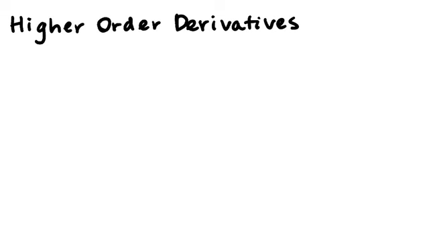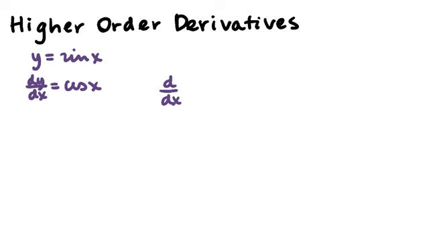Okay. So if we say that y equals sine x, last time we said that we take the derivative, we say that dy dx, the first derivative, is cosine x. Now, if I wanted to take the derivative of the derivative, well, that would be taking the derivative of dy dx.